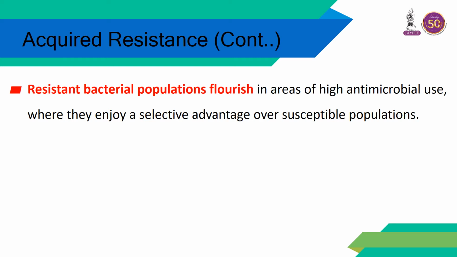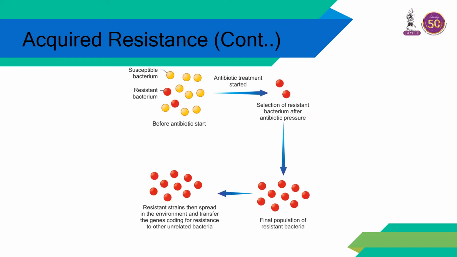This resistant bacterial population flourishes in areas of high antimicrobial use, where they enjoy a selective advantage over the susceptible population. The example can be seen in this diagram. The red colored structure indicates a resistant bacterium and yellow color indicates a susceptible bacterium.